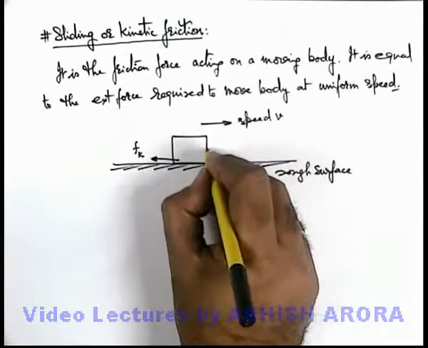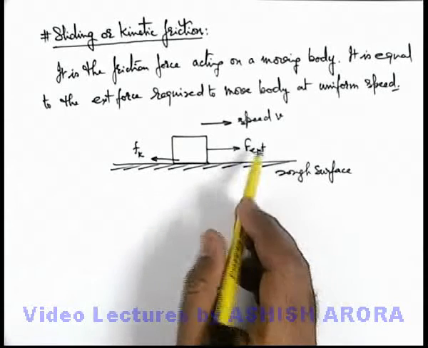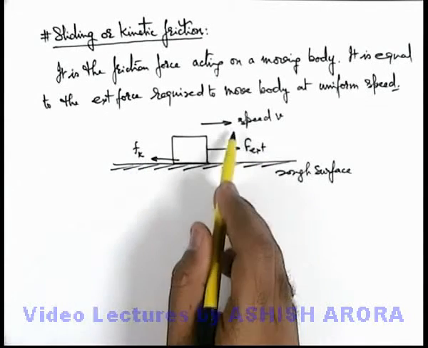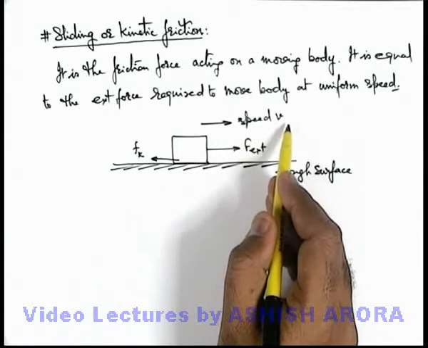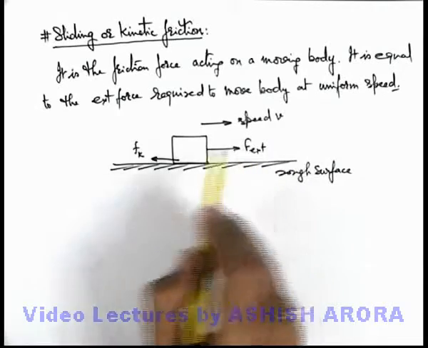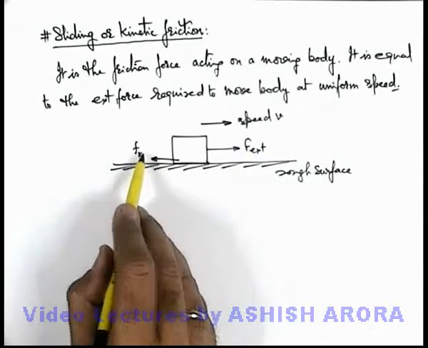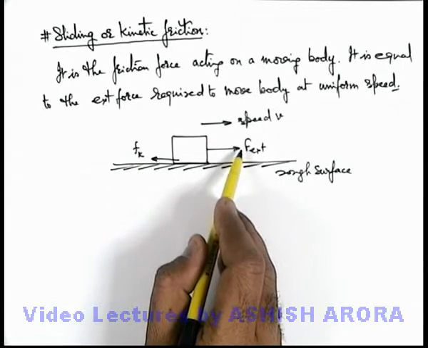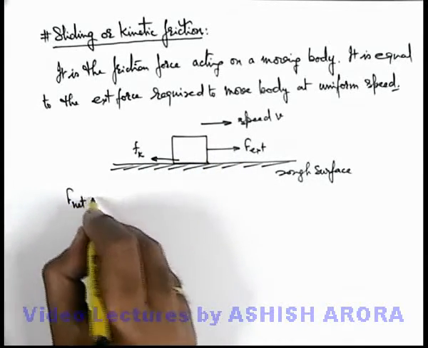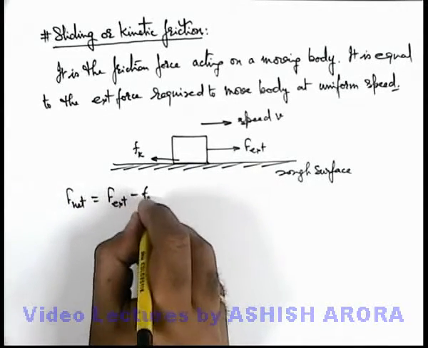Now if we apply an external force onto the body, and that external force is exactly equal to the kinetic friction, and if the body is moving, then the speed will not increase or decrease. Speed will increase if F external is more than kinetic friction. Speed will decrease if kinetic friction is more than F external, because the net force acting on the body, here net force we can write, as the two forces are in opposite directions, F external minus Fk.